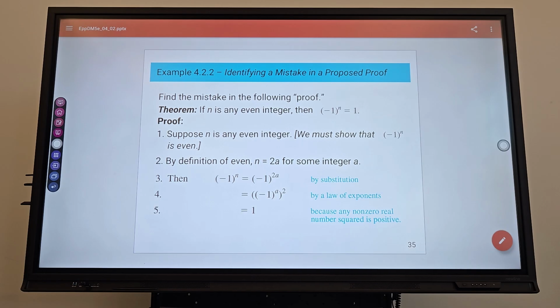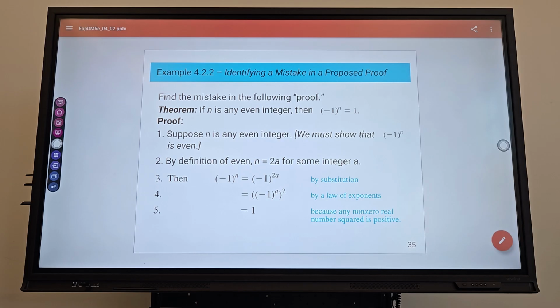So, by definition of even, n equals 2a. Then minus 1 to the n equals minus 1 to the 2a, which equals minus 1 to the a, squared, by the law of exponents.